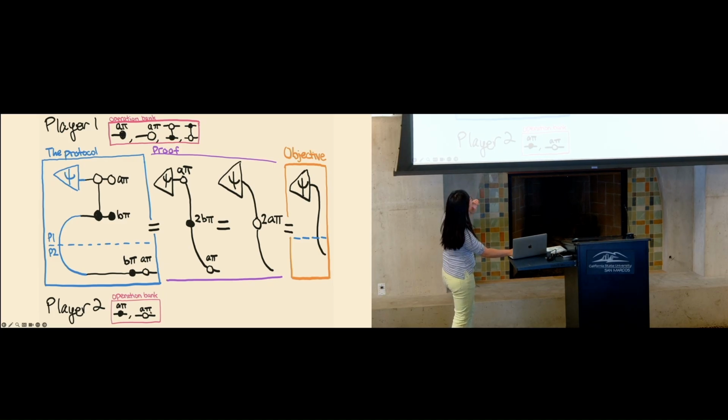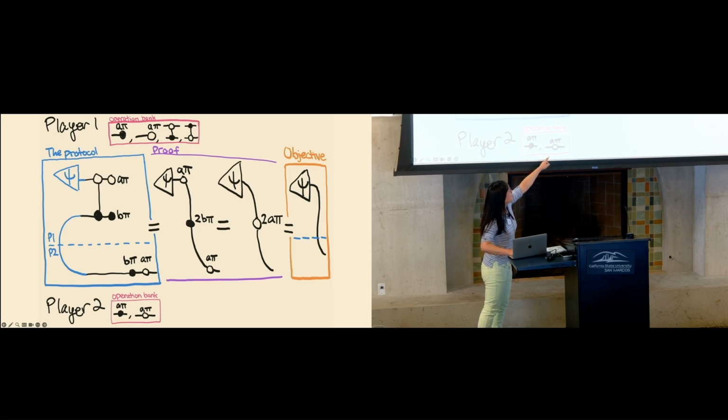This one is an X spider with one input, one output, and phase A pi. If A is 1, then this is a pi phase, which is the X gate. And if this is a Z gate and A is 1, then this is a pi phase, which is a Z gate. But if either of these A is 0, then this is the identity, because it's rotation by angle 0.